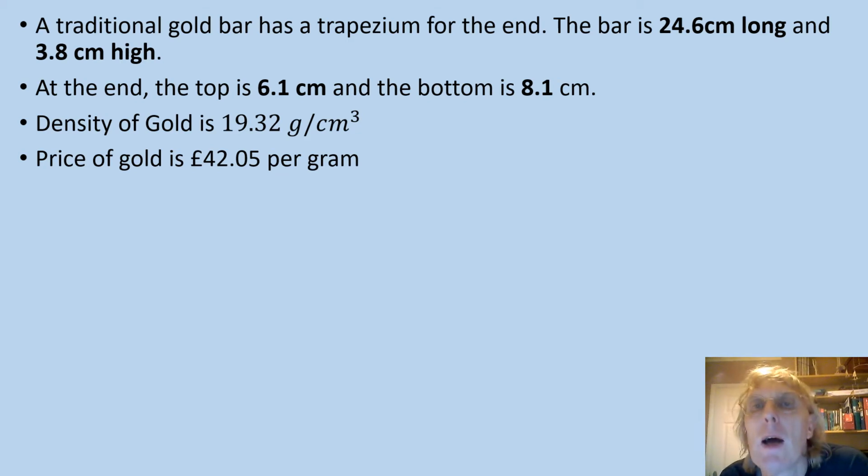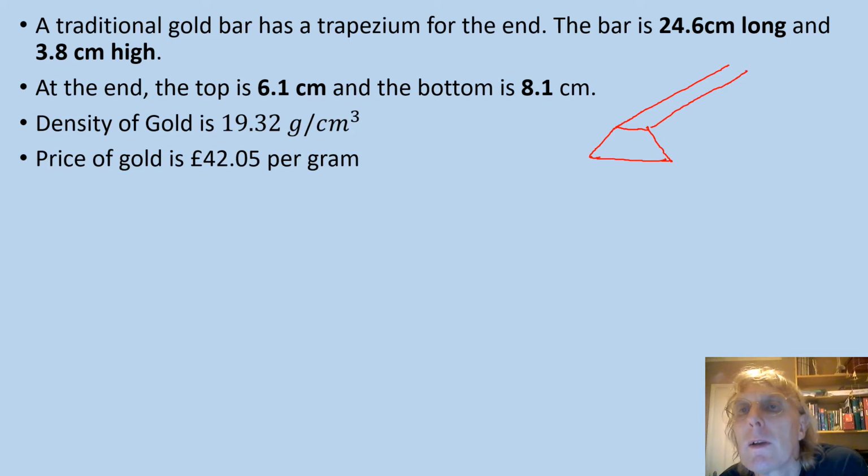So I'm going to go for a trapezium like that on the end, and then the gold bar goes along like that. So it's a prism, isn't it? It's a prism on this face here, and that trapezium is all the way through.